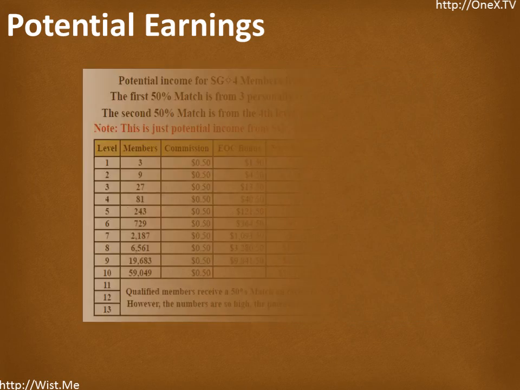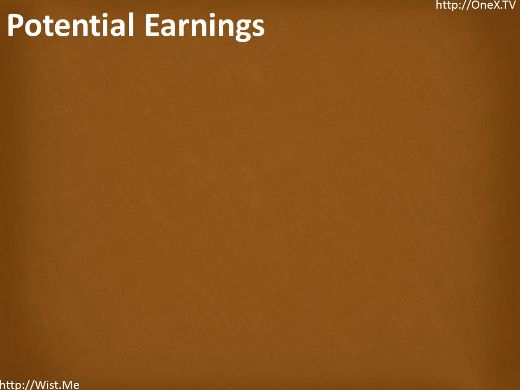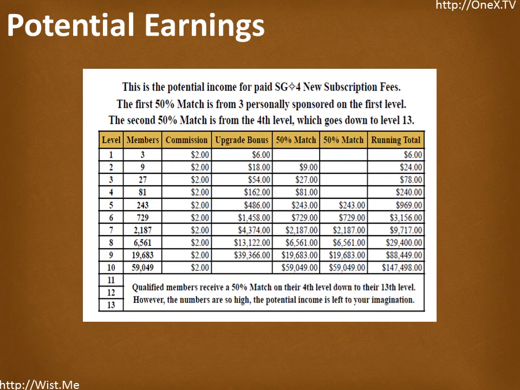That's another 50 cents for every end of cycle fee. So again, let's look at level 5. That's 243 times 5.